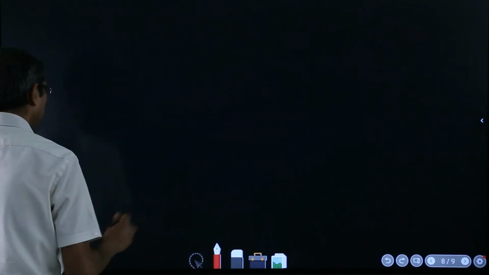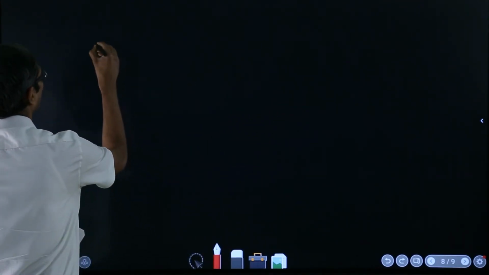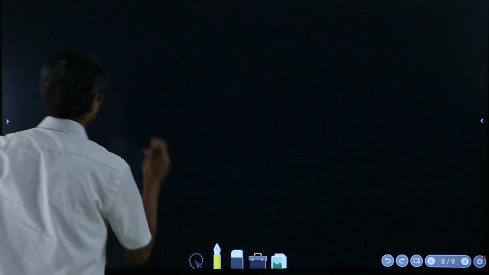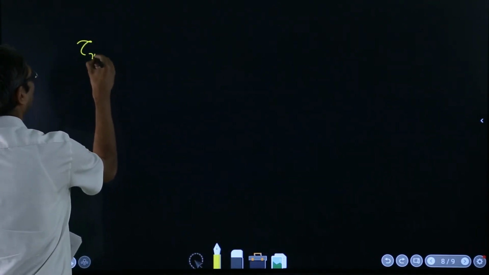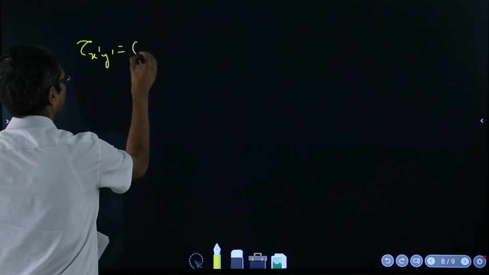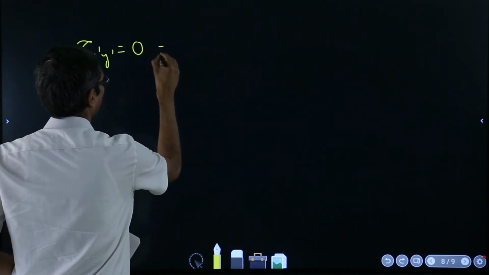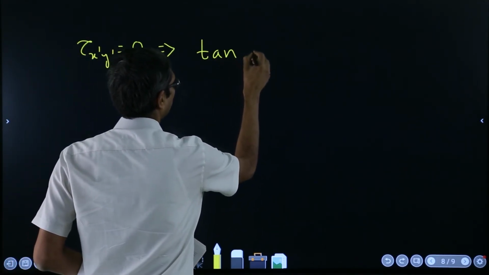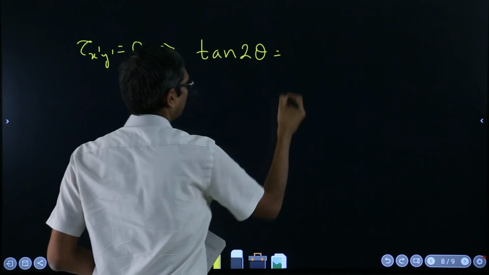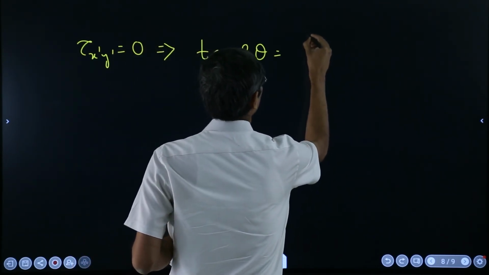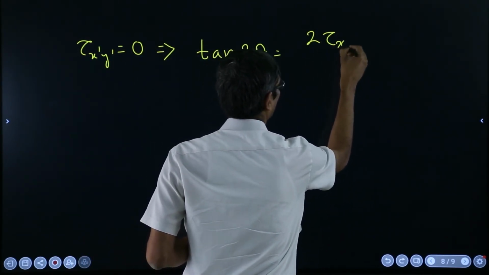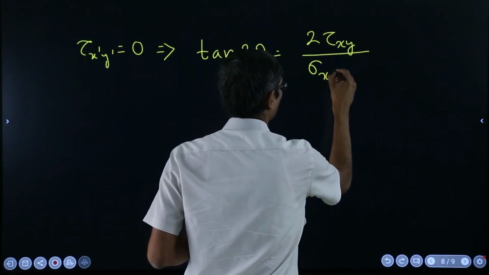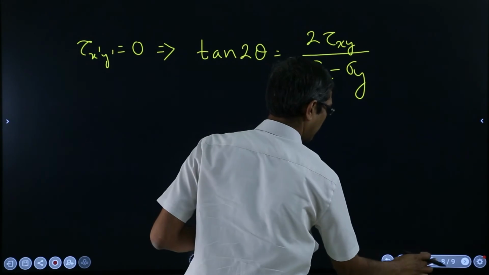So if we put tau x prime y prime equal to 0, we will come to the expression that tangent of 2 theta will be equal to 2 tau xy over sigma x minus sigma y, right.